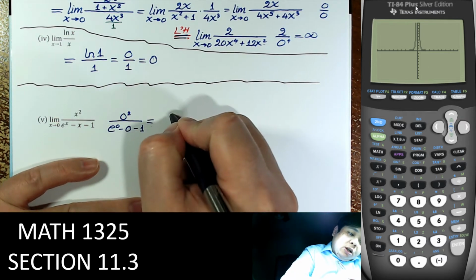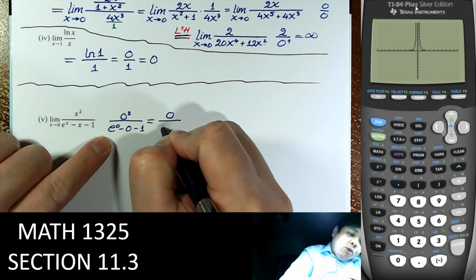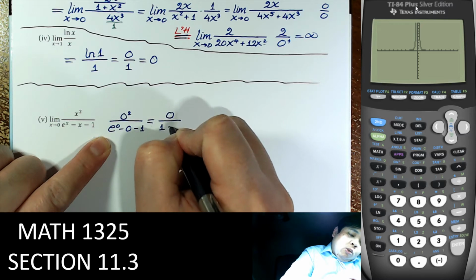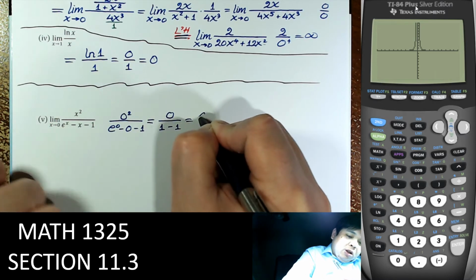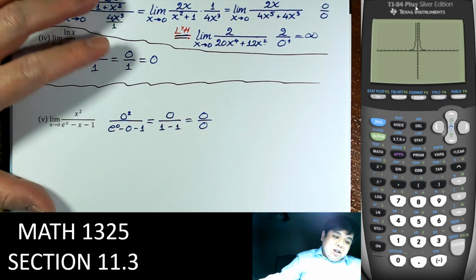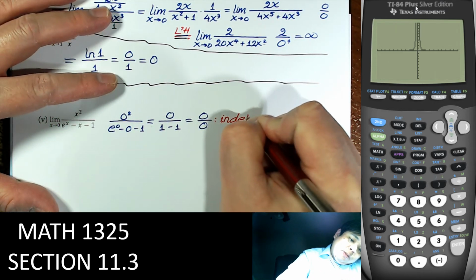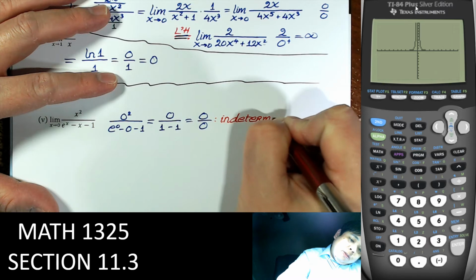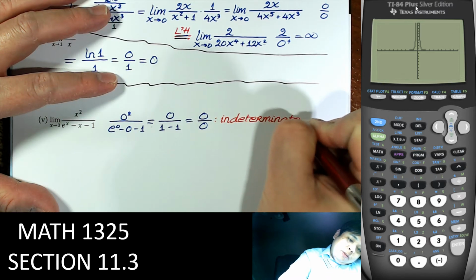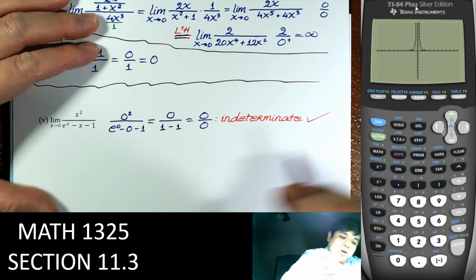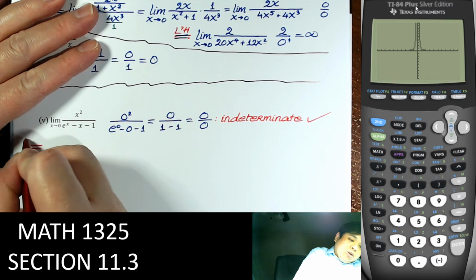Right, so e to the 0 power is 1. 1 minus 1. So we have 0 over 0, which is indeterminate. So if it is indeterminate, we can use the L'Hôpital rule.